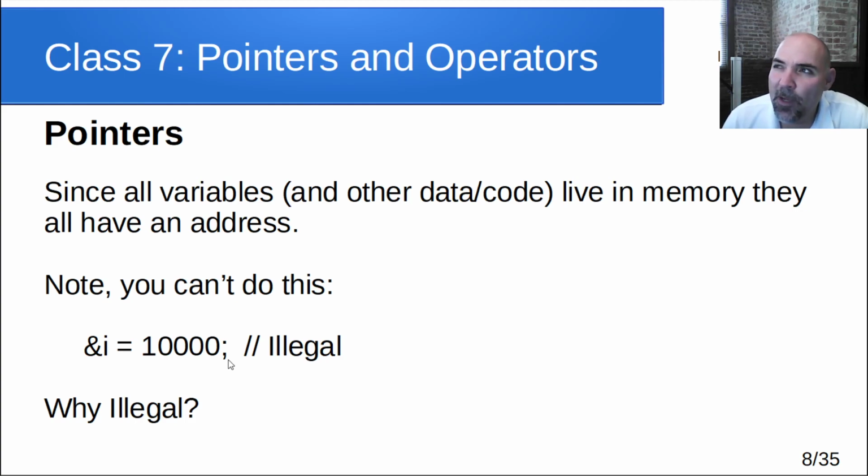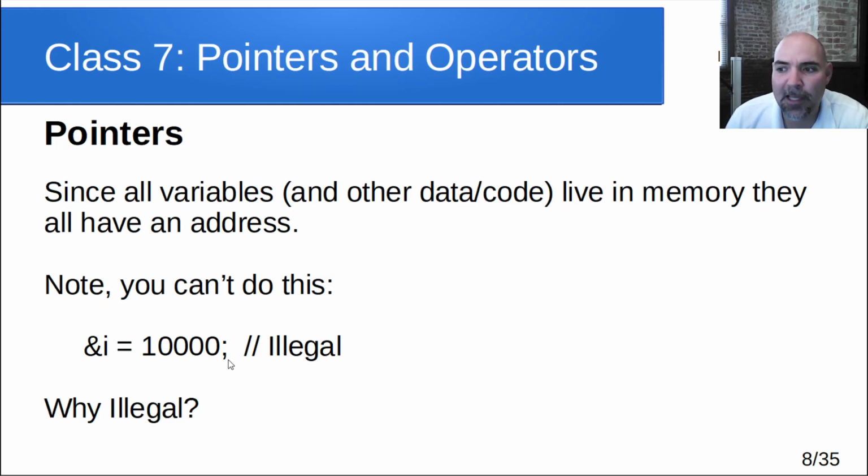Now, there is a way using typecasts to access arbitrary locations in memory, which would be useful for certain system programming tasks. We have a piece of hardware that lives in memory. If you remember, we had those special I/O locations where things like the GPU live or the keyboard connects to. There are ways to access those things by specific address numbers. We're not going to look at that right now.